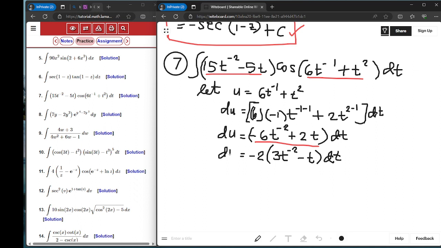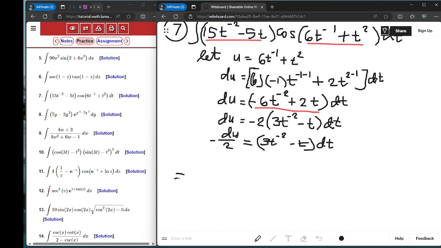So this is now our du, and that will be du over negative 2 is equal to the quantity 3t to the negative 2 minus t, dt. If we check here, we can also factor out 5 because 15 is 5 times 3. So let's rewrite this.